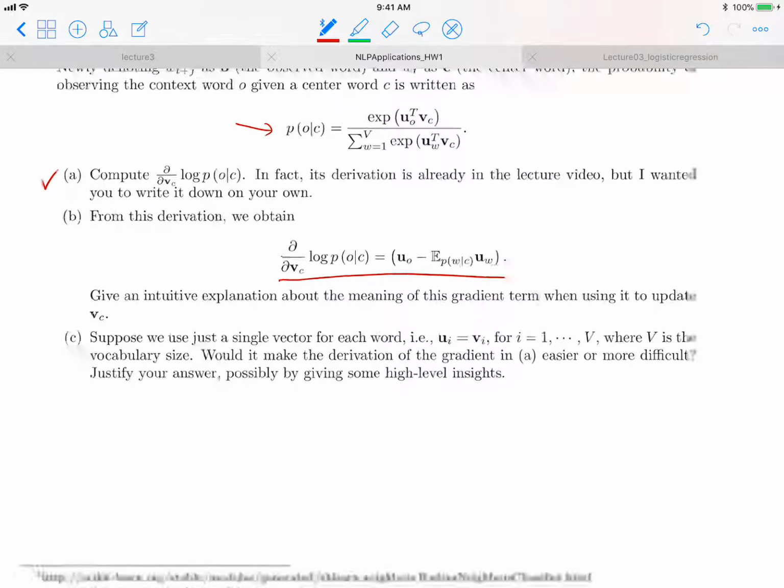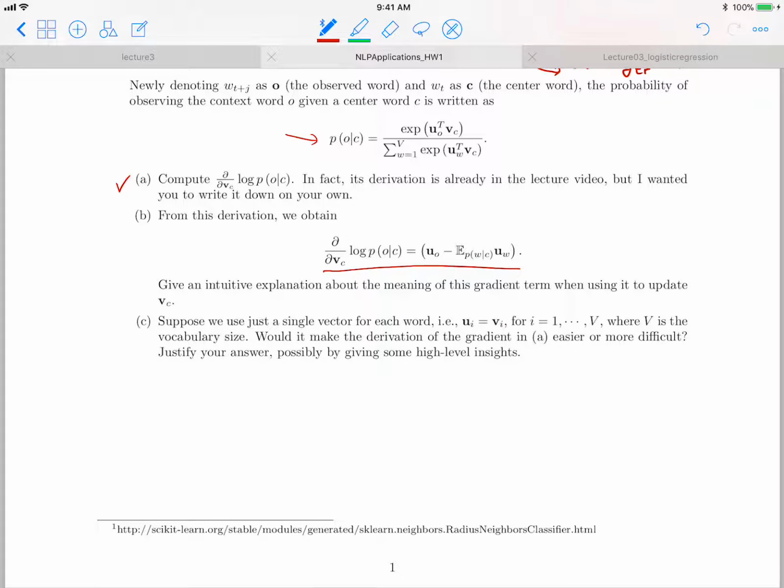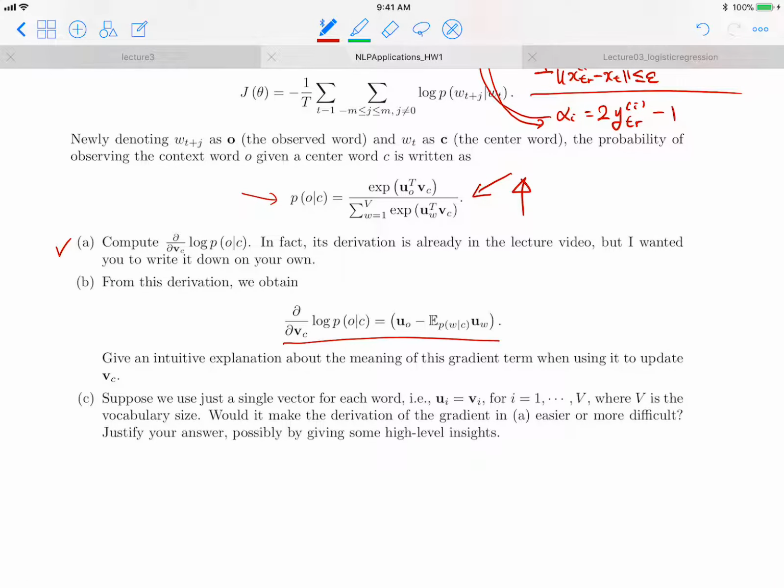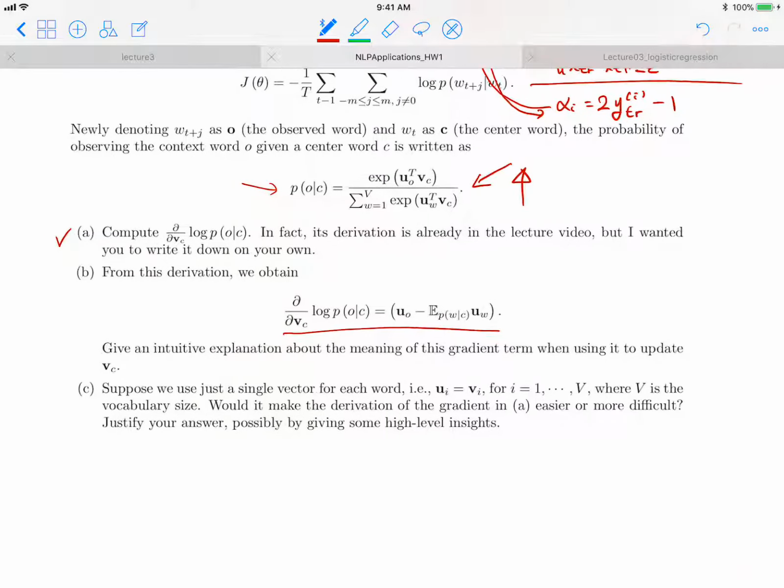So in the second question, I asked you to give an intuitive explanation about it. We want to maximize this probability, which semantically means the probability of seeing a particular word.